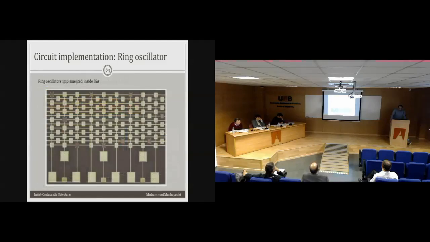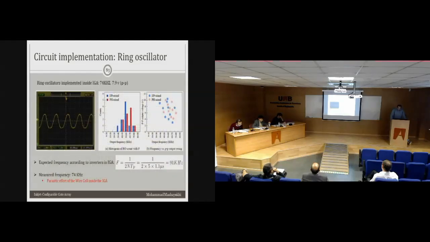Then we inkjet wired similar circuits inside the gate array. I couldn't fit all the inkjet wired ring oscillators in one image, so this is just a build of 3 drive transistors. It's part of the ring oscillators. And here are the results. The final frequency is 74 kilohertz with almost 8 volts peak-to-peak voltage.